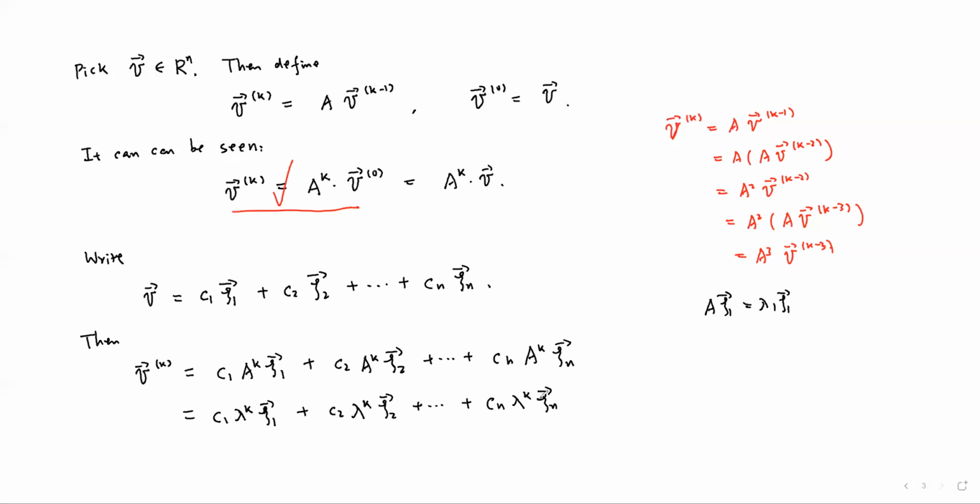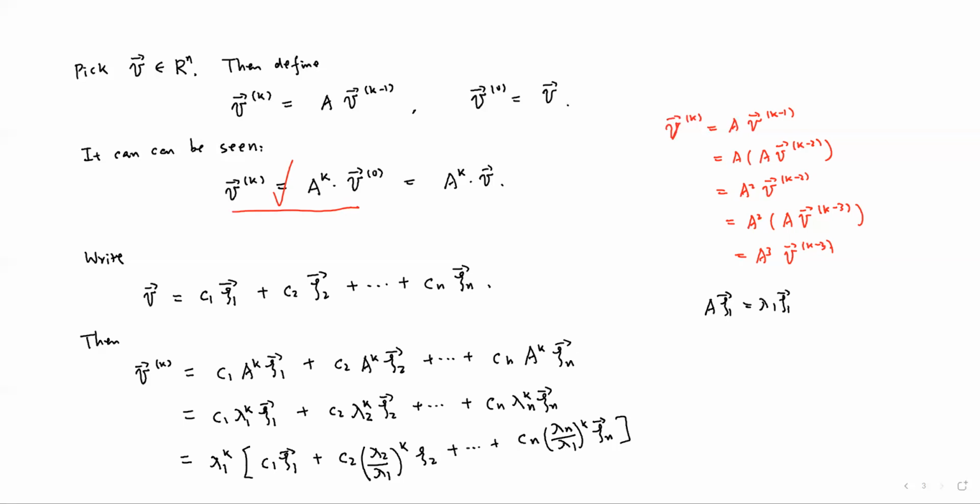Now let me take lambda 1^k out. Then we have lambda 1^k times C1 psi 1, and the second term becomes C2 times lambda 2 over lambda 1, to the k, psi 2, plus and so on, Cn times lambda n over lambda 1, to the k, psi n.